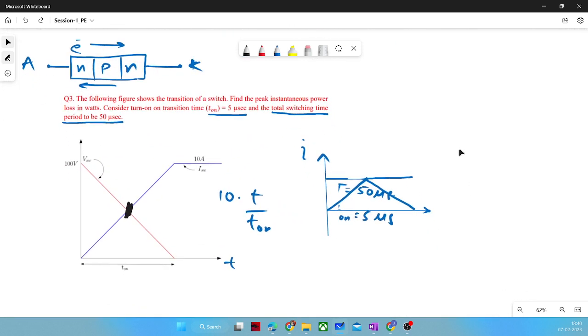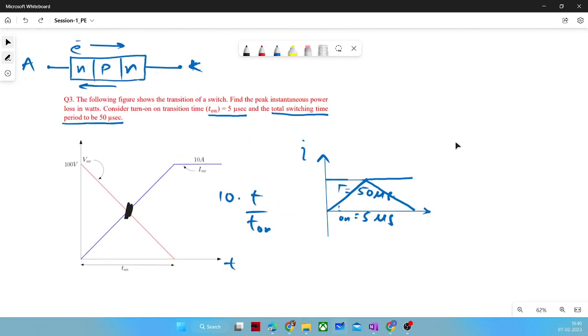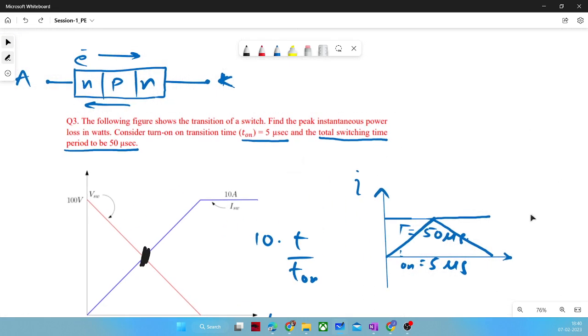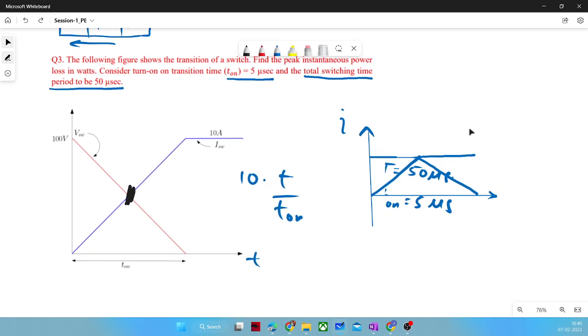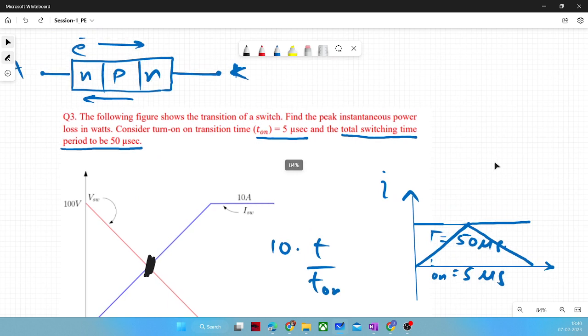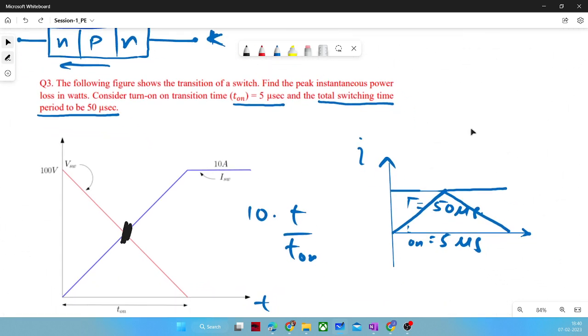I will explain it one more time: what I did, why I did it, and where we concluded. This problem was framed based on power loss. We explained four kinds of power loss: turn on and turn off switching losses, conduction losses, and off losses when switches are off.